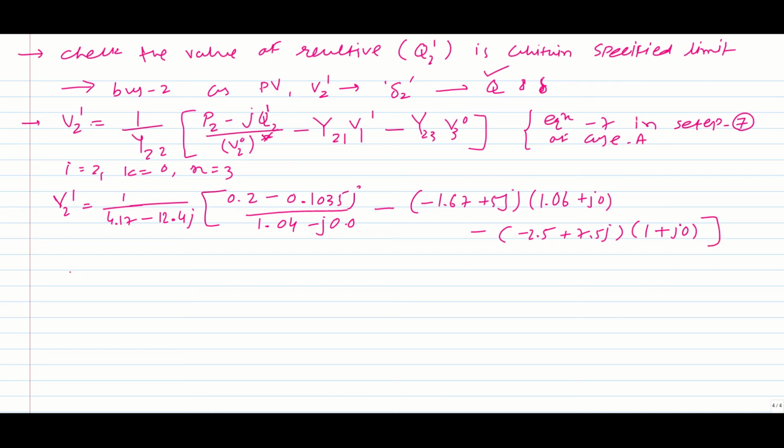Clear? So the final answer is V21 is 1.0436 with the angle of 0.4892.